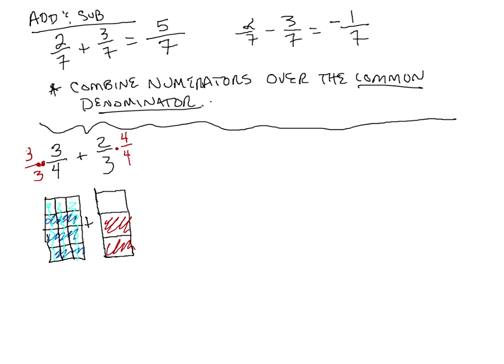The place where they overlap, 1, 2, 3, 4, 5, 6, 7, 8, 9, and I have 12 whole pieces. Look what happens if you multiply these two fractions together. What do you get? You get 9/12. So that's a picture of what's happening up top.